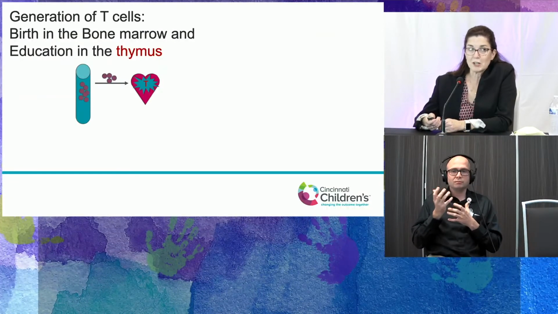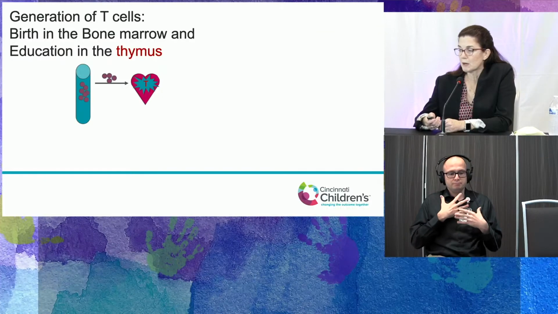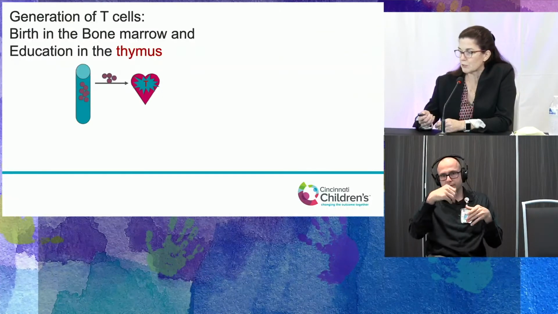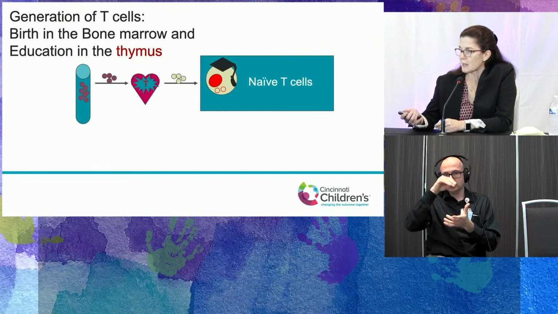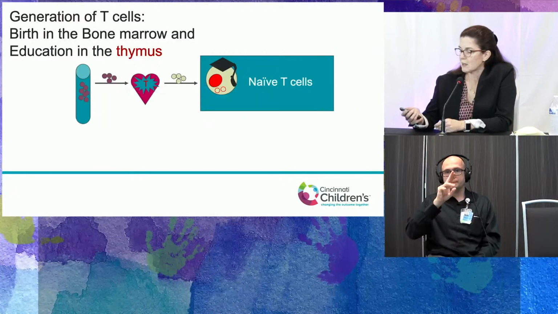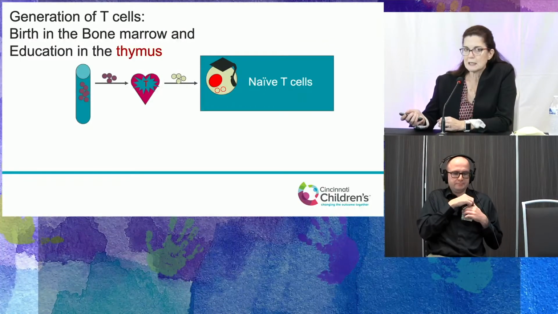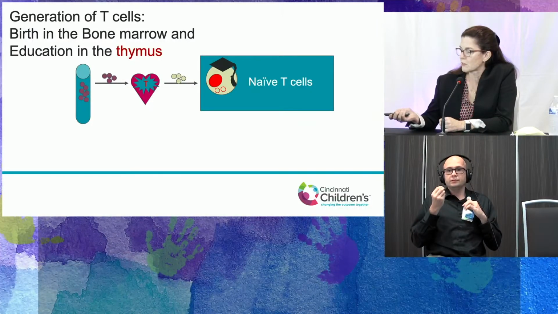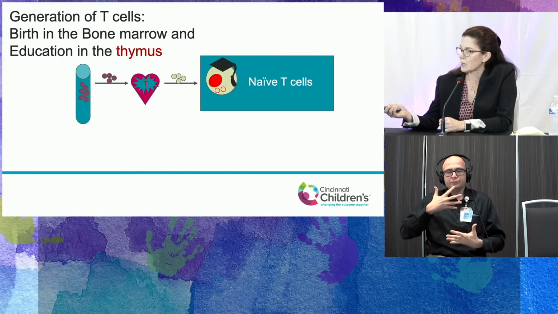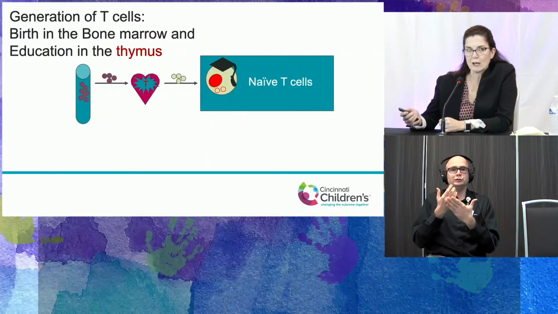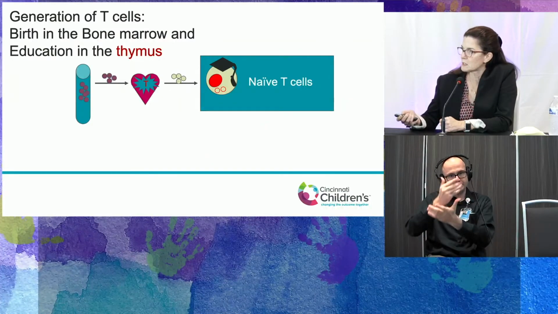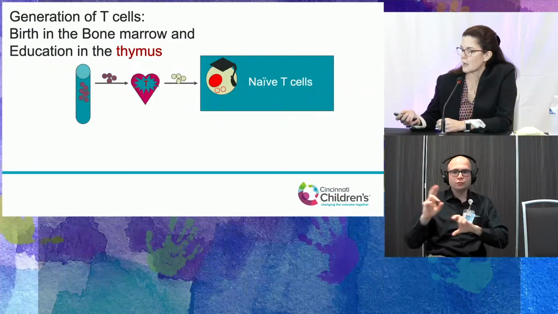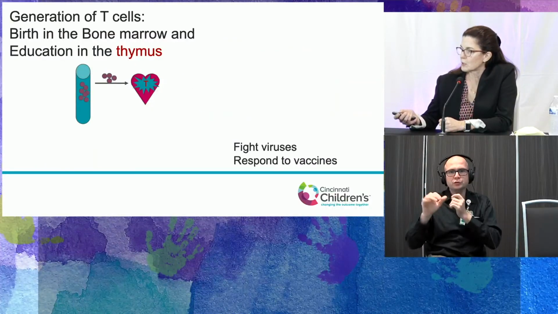The progenitor T cells come out of the bone marrow, and in order to become T cells, they have to be educated in the thymus, which is the little T on the top of the heart there. Once they leave the thymus, they go out into the periphery, into the lymph nodes, where they're naive T cells, and you can see I have a little graduation cap on them, which just means that they are mature and ready to fight infections.